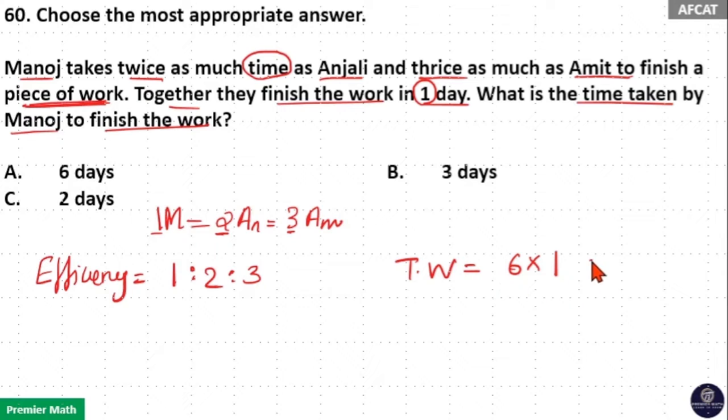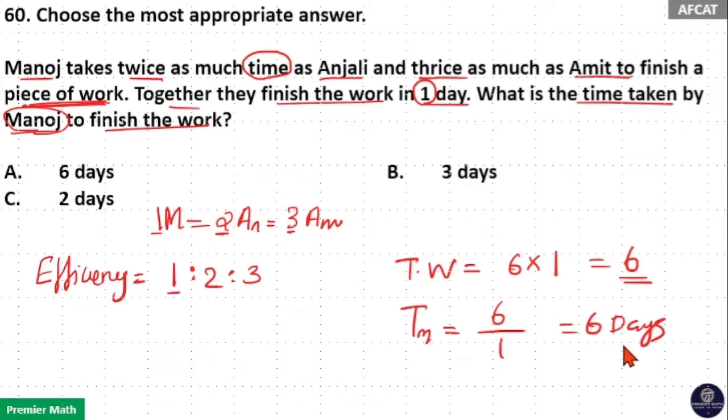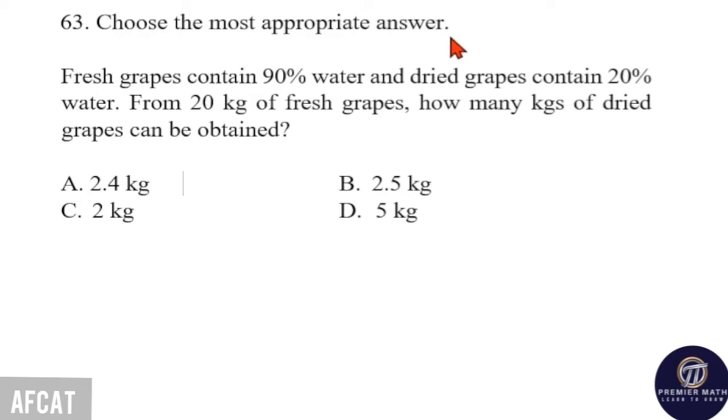So 6 into 1, 6 unit is the total work. If total work is 6 units, then time taken by Manoj to finish the same work is equal to total work 6 divided by efficiency of Manoj 1. So number of days is equal to 6 days. So option A is your answer. Choose the most appropriate answer.